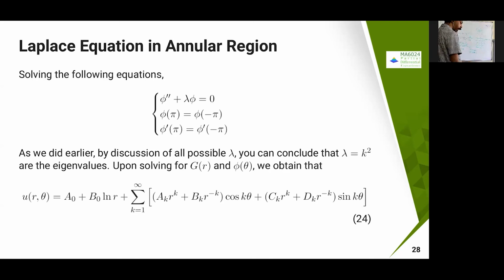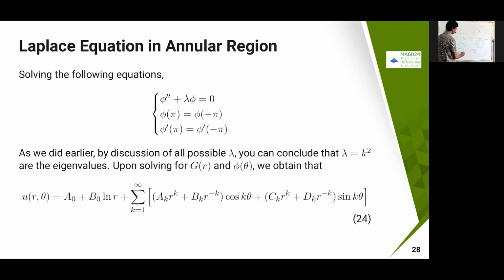For the k equal to 0 case, you can just see the first one, a naught plus b naught ln r will come for this one. Similarly, for k equal to 1 to infinity, you are going to get something like a_k r power k.